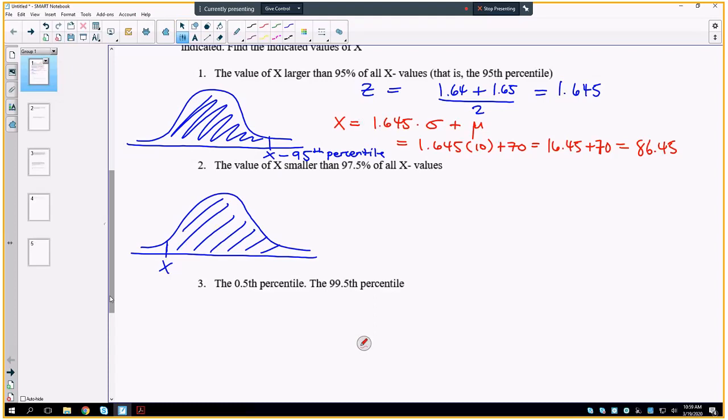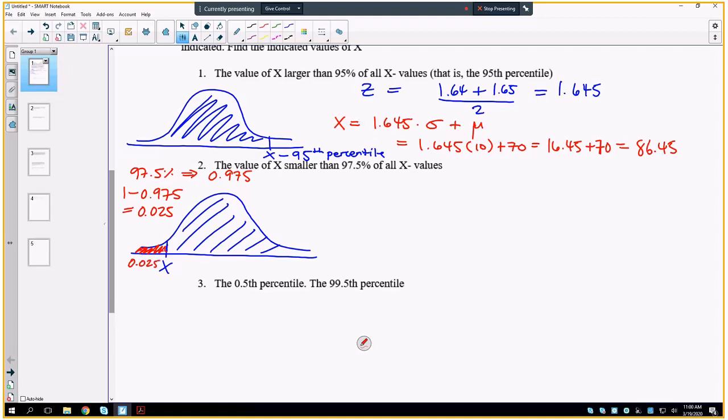So first, I'm going to convert 97.5% into decimal form, so it corresponds to the decimal 0.975. So I want to do 1 minus 0.975, and I find out 0.025 is that number. So that means that this area on the left is 0.025.